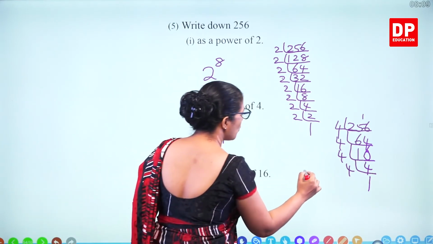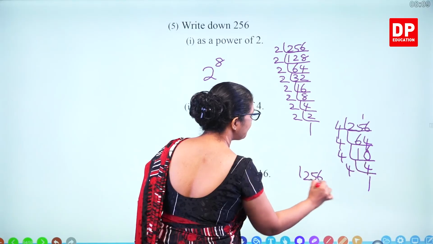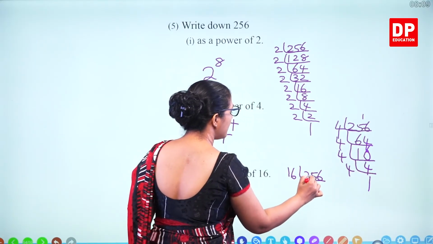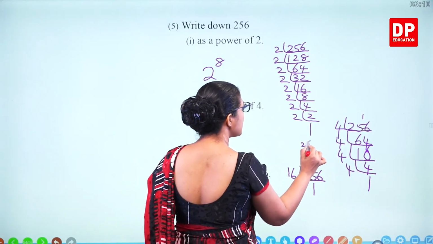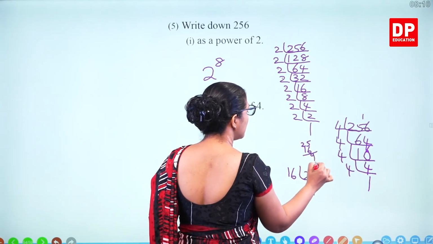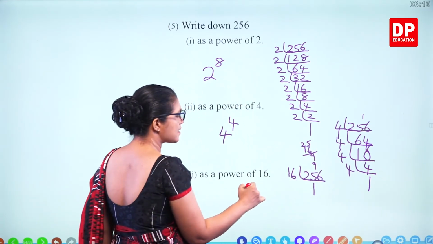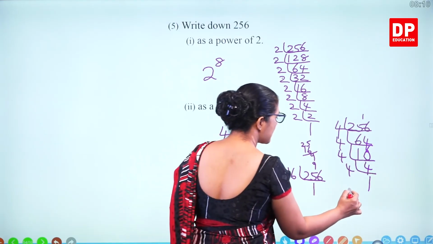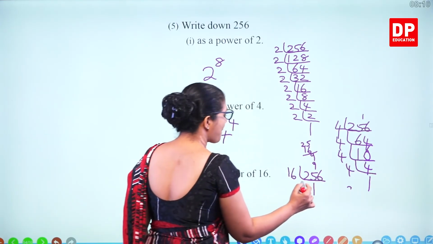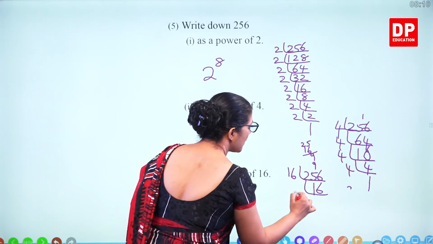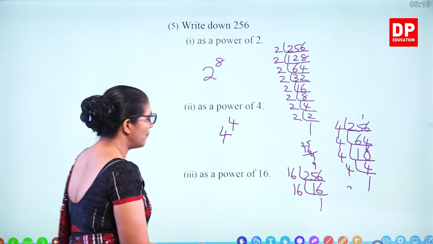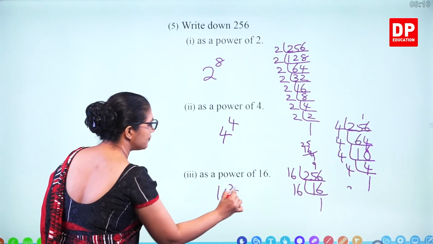As a power of 16, divide by 16 and see. 1, and 25 minus 16, you get 9. For 96, that's 16 times 6. Another 16, 1. 16 squared.